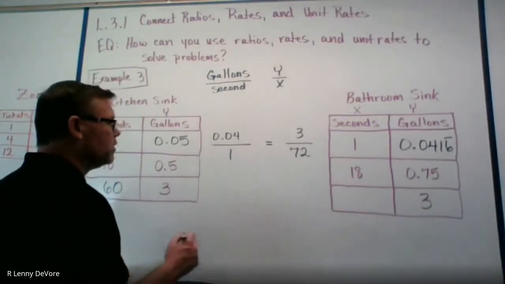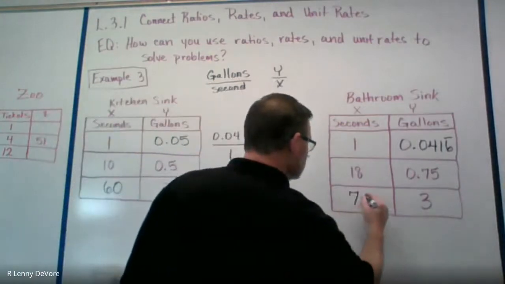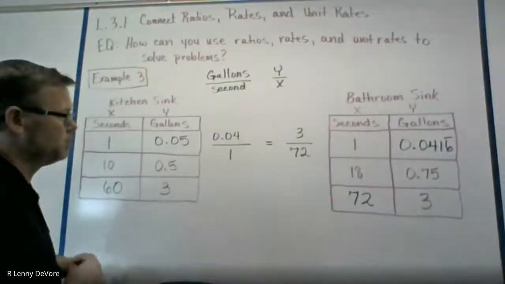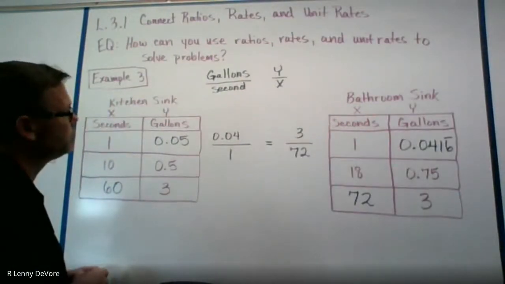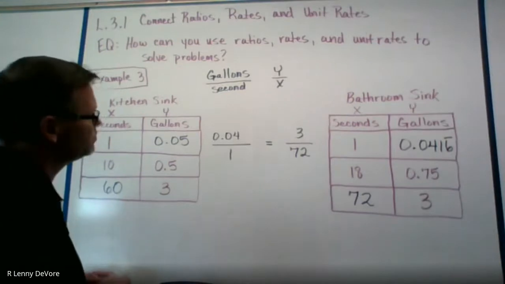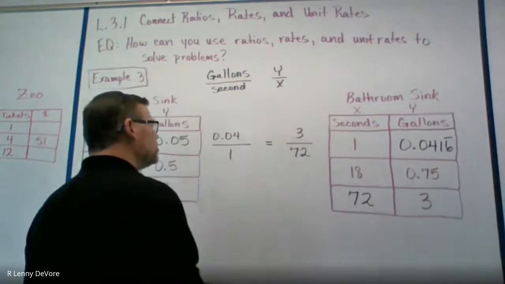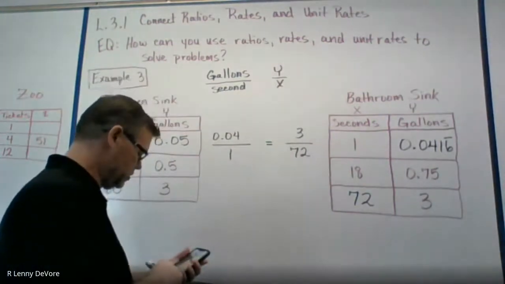So we end up with 72 seconds for 3 gallons. So you divide the 3 by the 4/10. Let me do that real quick so you can see the equation.